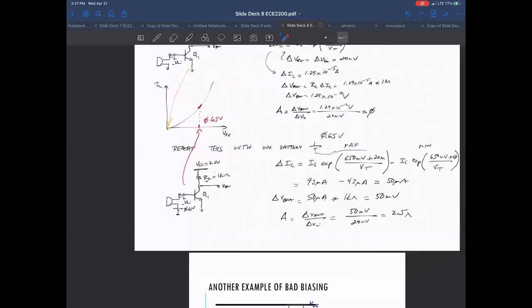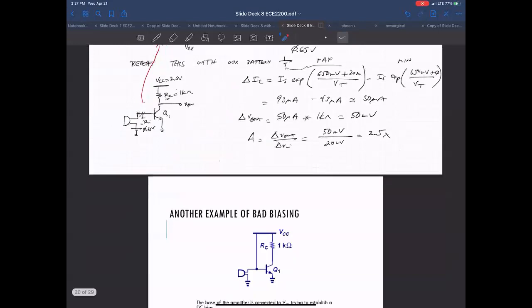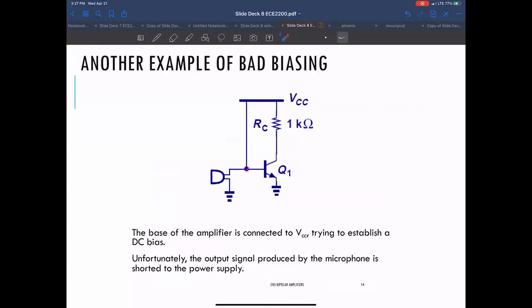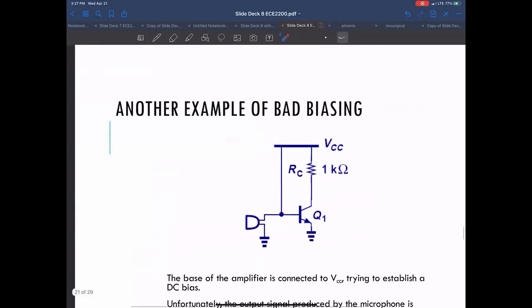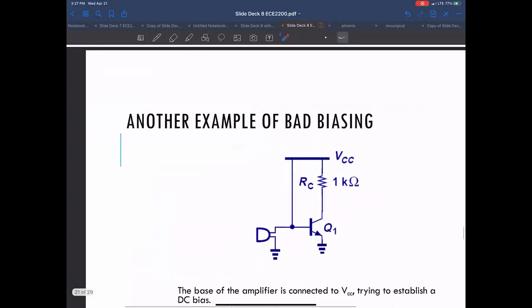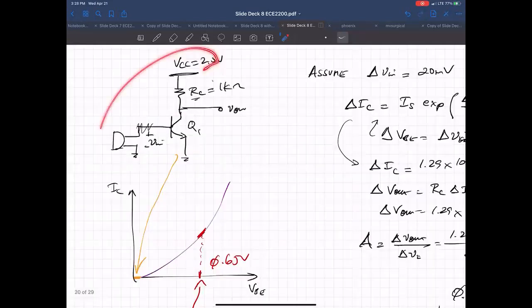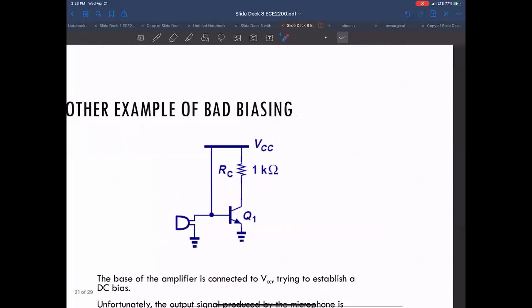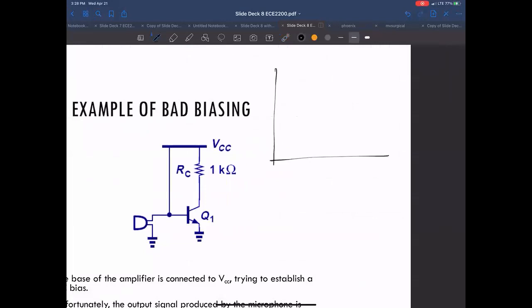So another thing you could think of doing is to say, well, I can maybe just hook up this output. So this is exactly like our initial circuit, but I hooked up this output to VCC. What happens then? Well, maybe what I want to do is I have my exponential curve, and I'm going to try to be out here, and I'm going to get lots of gain out of this.